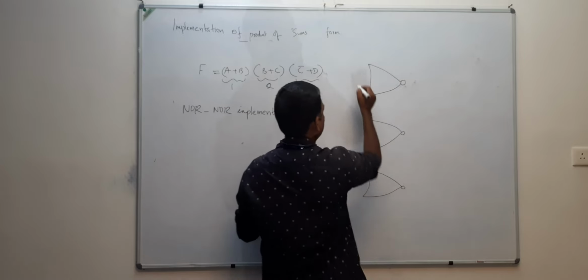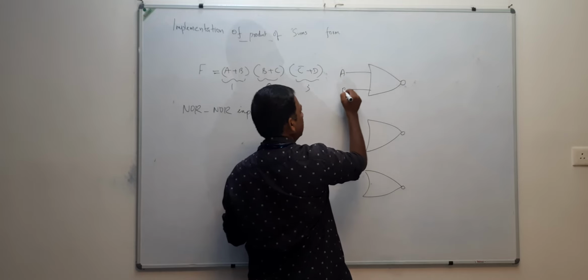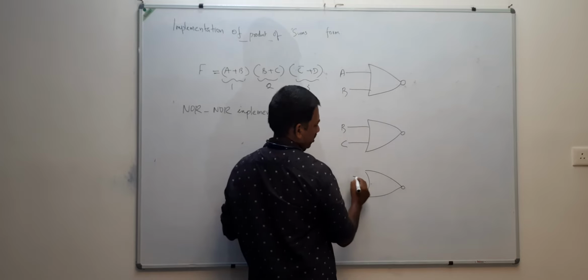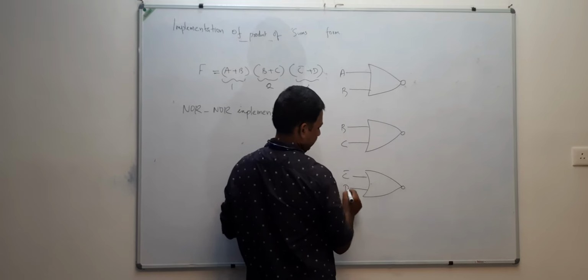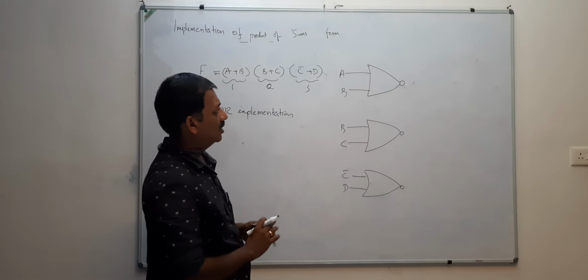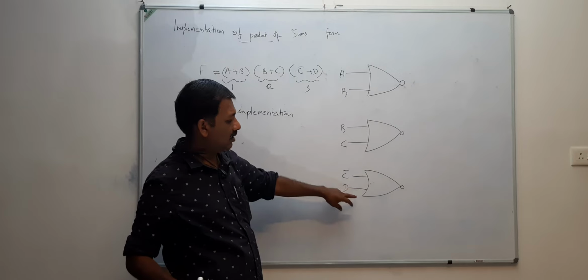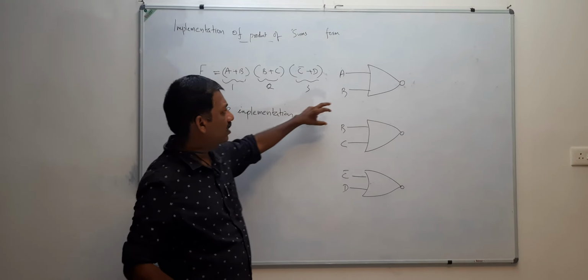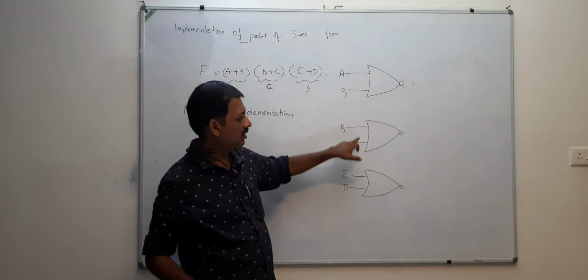As the inputs to the NOR gates, you are providing A, B, then B, C, and here C bar, D. That means you have 3 sums, and that's why you have 3 NOR gates in this level.